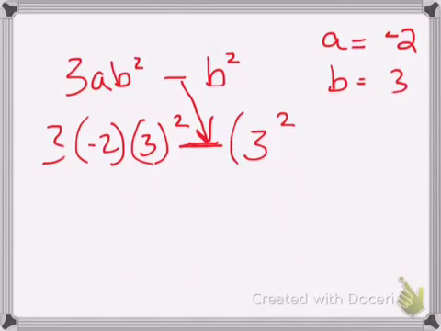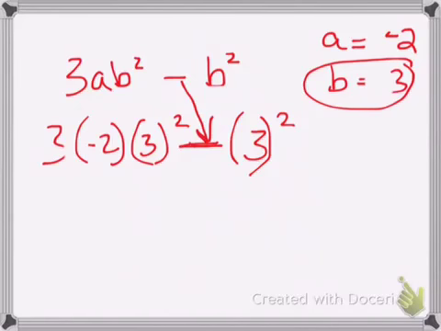So it's kind of safe to always use parentheses when you make substitutions so that you get clarity on what you're squaring. What are we squaring there? We're squaring b, which is positive 3. I'm not squaring negative 3.